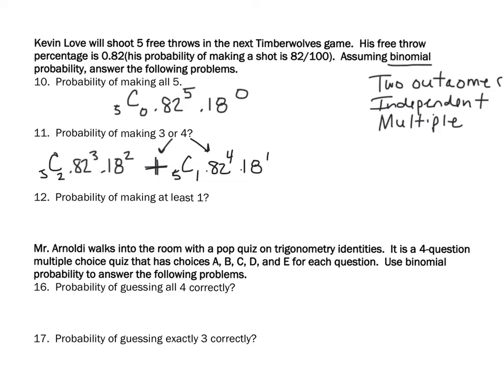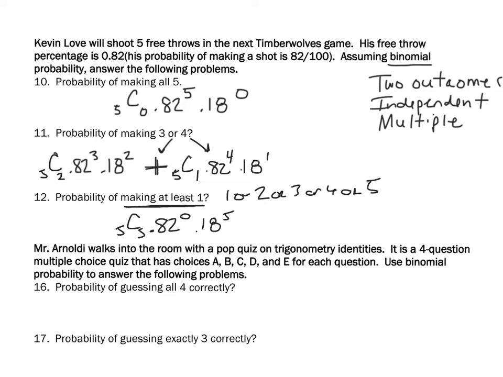Making at least 1, which means 1 or more. This would be 1 or 2 or 3 or 4 or 5. But it might be easier to look at just as probably making 0, which would be .82 to the 0, .18 to the 5th, 5 choose 5.